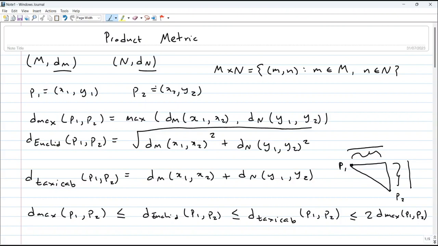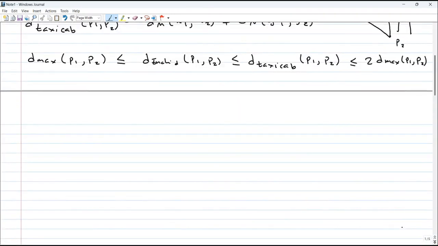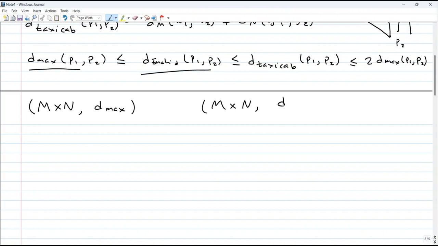So what this means is that, based on this simple observation, you can show that given any 2 metric spaces, say M cross N, I'll just use these two for now, M cross N with D max and M cross N with D Euclid are homeomorphic to each other.